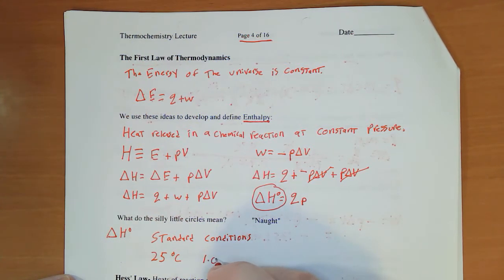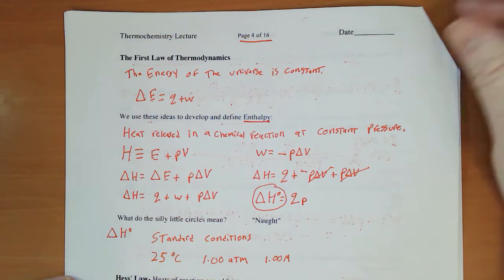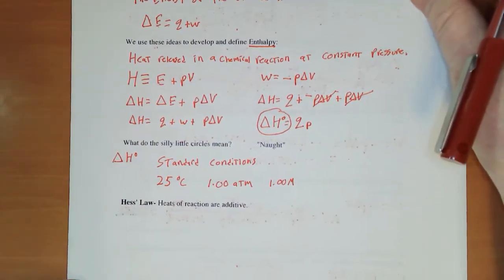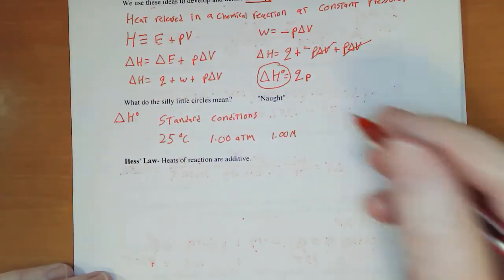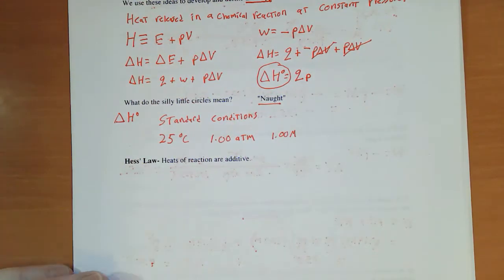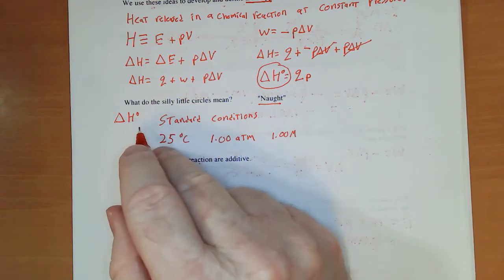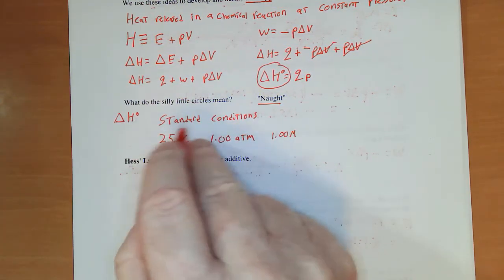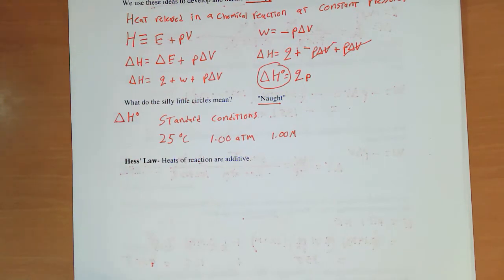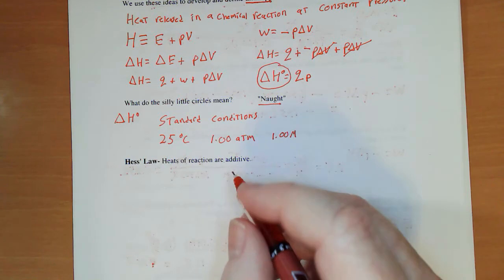If we have gases, their pressure would be 1.00 atmosphere. And if we have solutions, their concentration would be 1.00 molar. Now, naught is a word we borrow from the British, meaning nothing. So delta H naught is nothing out of the ordinary. Okay. Cool. Little background for you there.